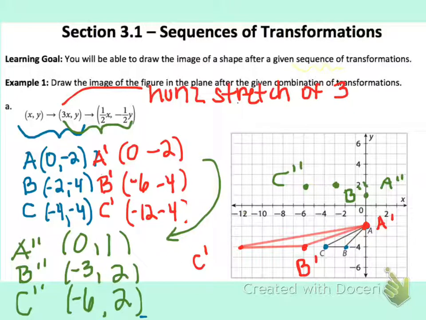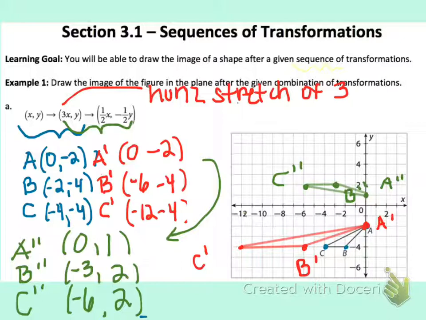So I'm going to connect A to B, B to C, and C back to A. What happened there is it was actually compressed both vertically and horizontally, and that negative on the y actually reflected it, so that flipped it over the other way.